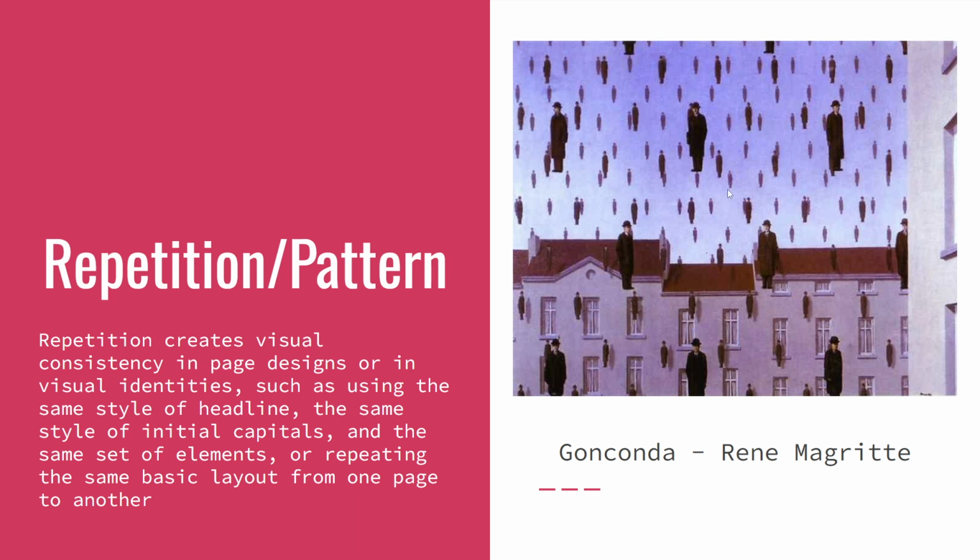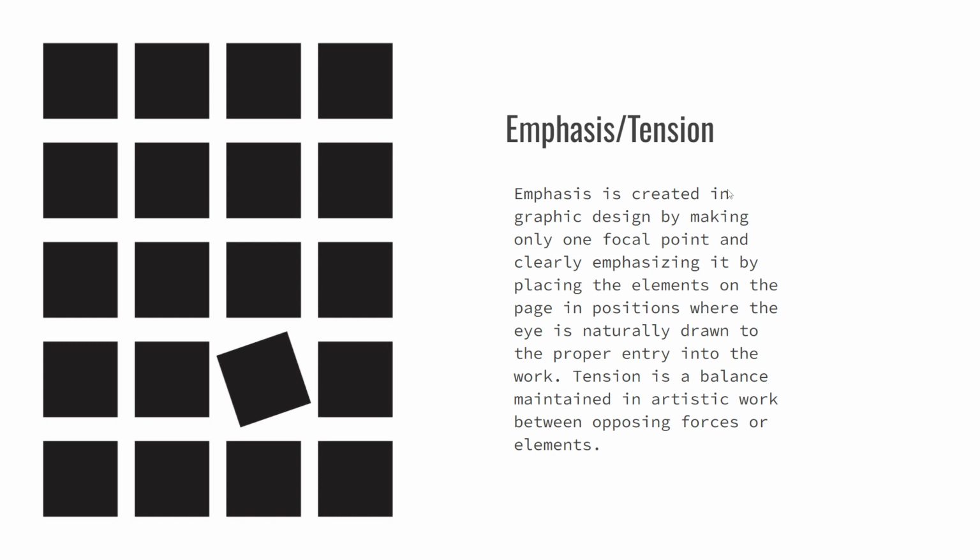All right, so let's talk about emphasis and tension. So emphasis is creating a focal point by putting things on a page and then positioning them to where they draw the eye.